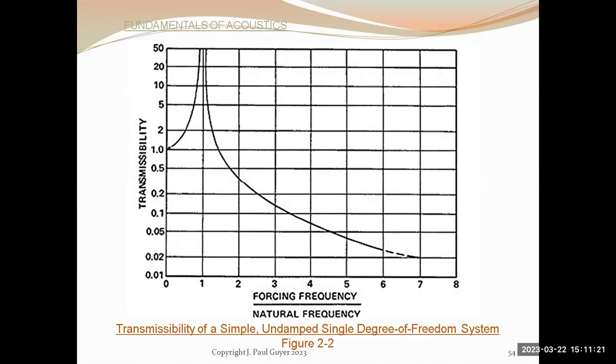This table illustrates the forcing frequency divided by the natural frequency plotted against the transmissibility, or the amplitude of the oscillation of the mechanical system, of the beams and columns and so on and so forth in your building.